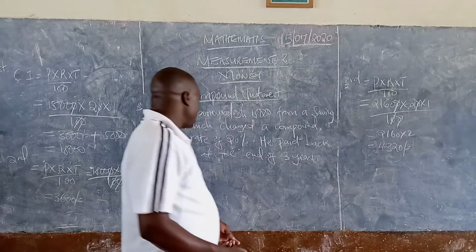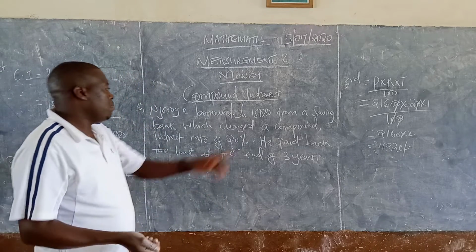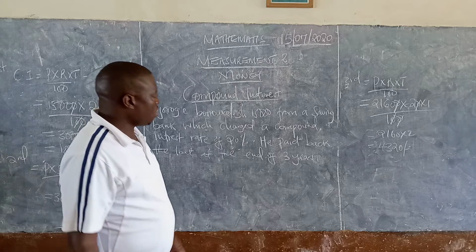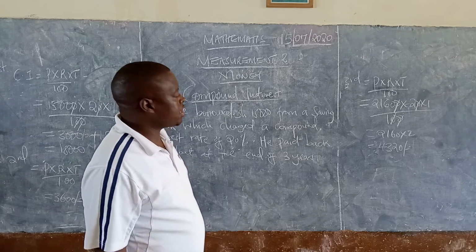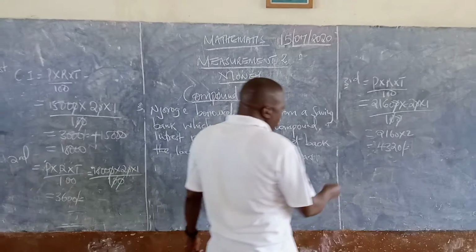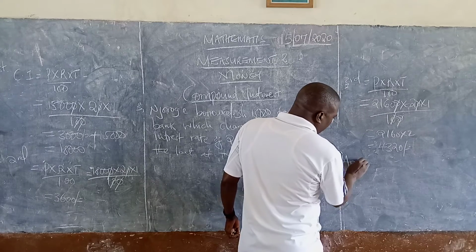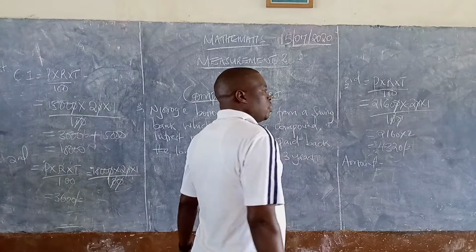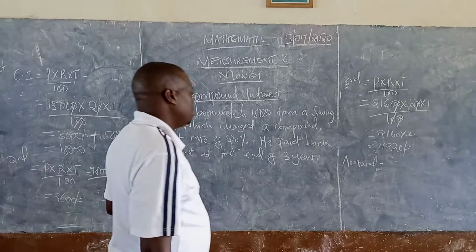So we go back to the question. He paid back the loan at the end of the 3 years, so what we are looking for now is the amount that was paid back.